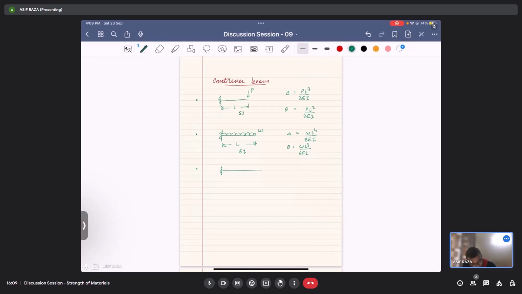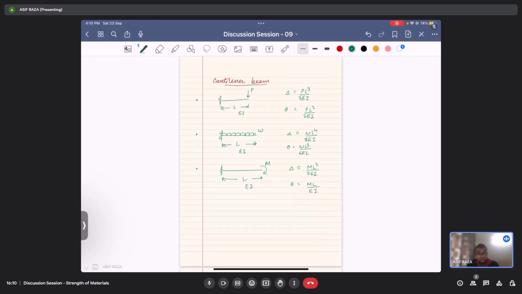Next is when a concentrated moment is applied at the end, with the same EI. The deflection is equal to ML square upon 2EI, and the slope value is ML upon EI.